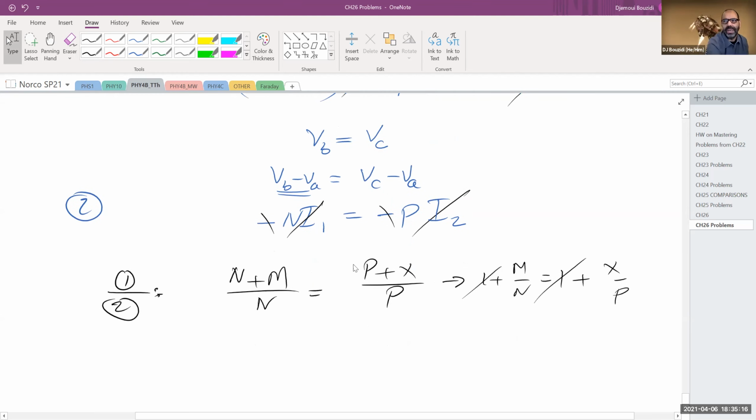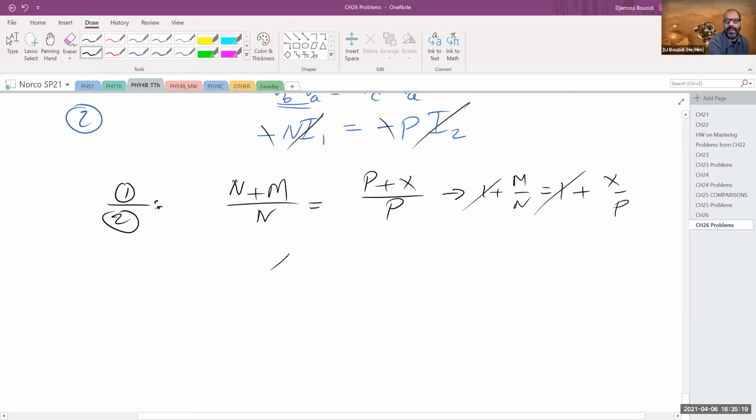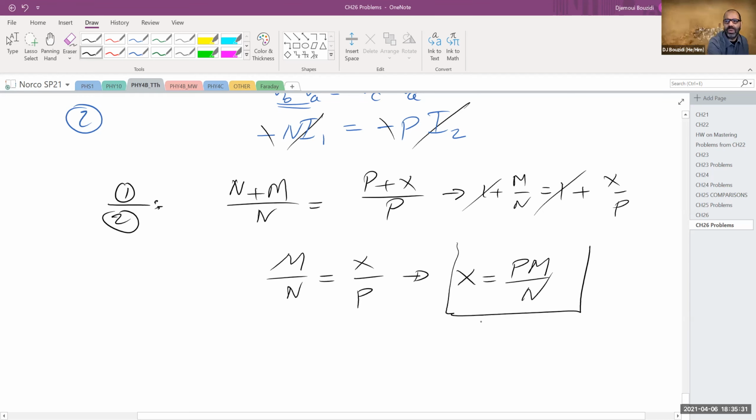And I will end up with the equation that is actually asked for me, namely M over N is equal to X over P, or the unknown resistor is going to be PM over N. And this is what we want to demonstrate.